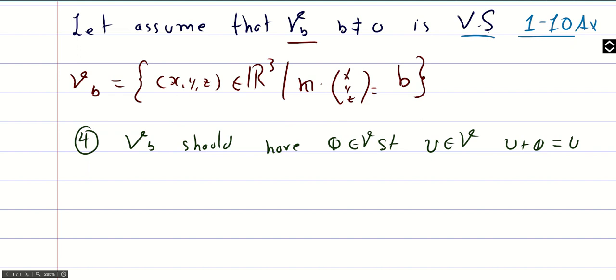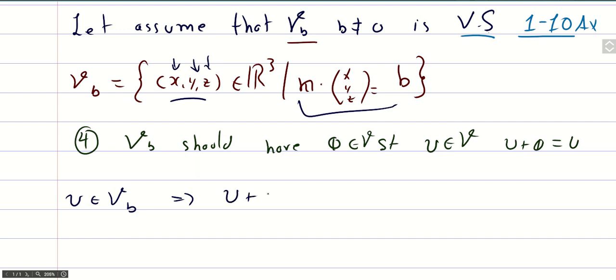V of b is a generic vector x, y, z that satisfies this equation. So let's say that u is an element of V of b. Then u plus the 0 vector should be equal to u. But this is only possible if the 0 vector is equal to the triplet 0, 0, 0.